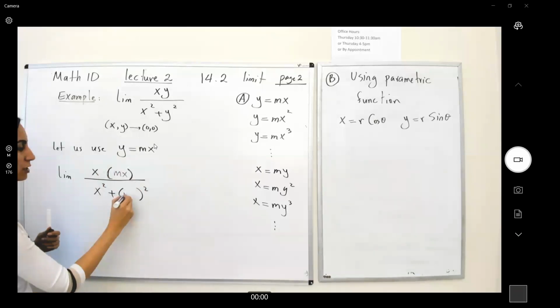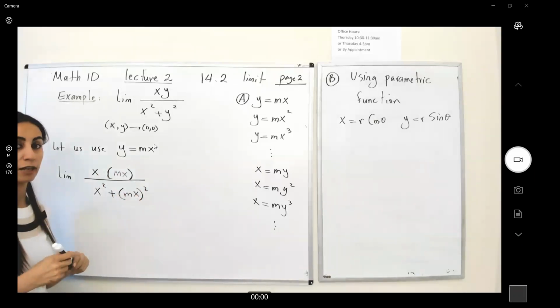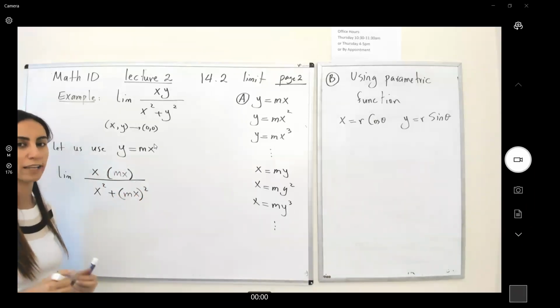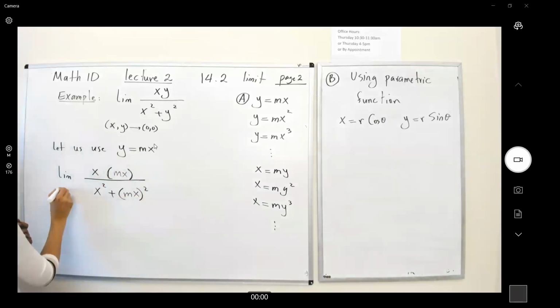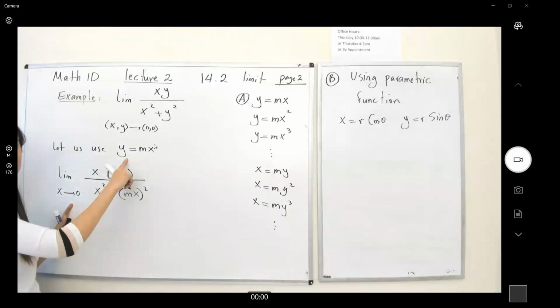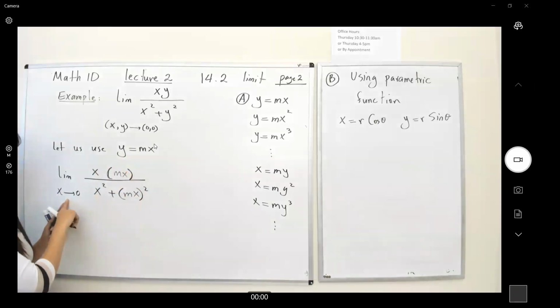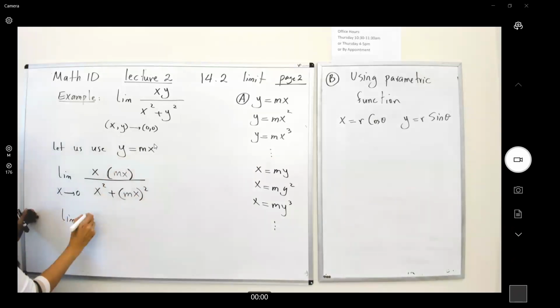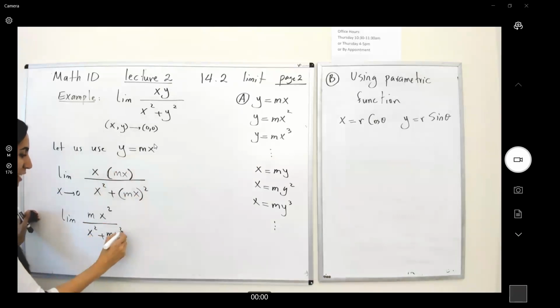Let's see, after simplifying this expression, is this dependent on m or not? Note that I got rid of the variable y, so I'm just using a simple limit in x. I have the limit of mx squared divided by x squared plus m squared x squared, while x goes to 0.